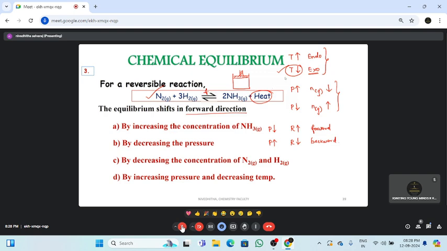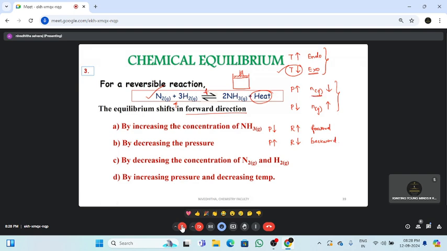How about pressure? Yes, we have to increase the pressure and decrease the temperature. If I decrease the temperature, the reaction will move towards the exothermic one. And I can increase the pressure, because whenever we increase the pressure, the reaction will move towards the direction where the gaseous number of moles is less.